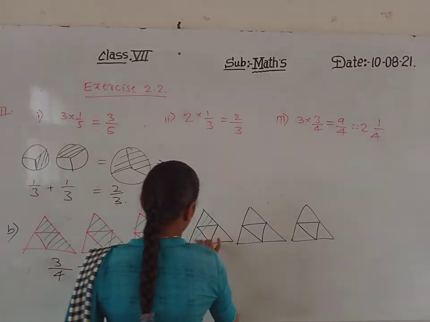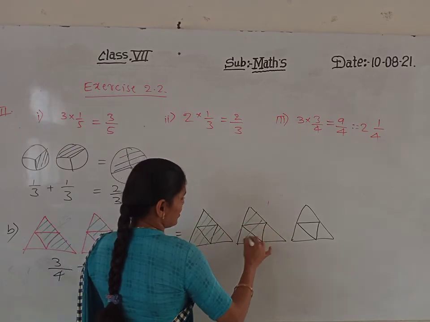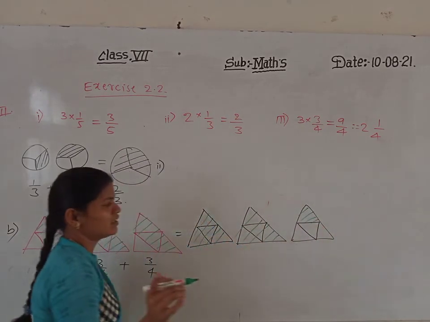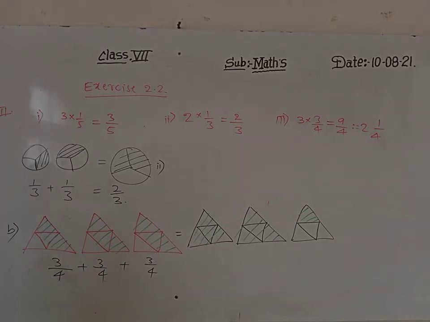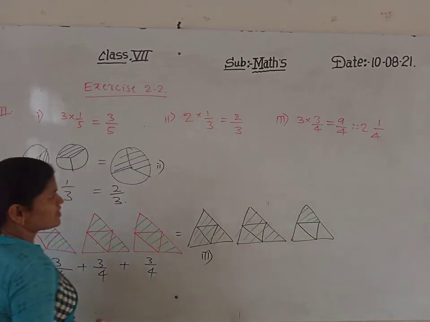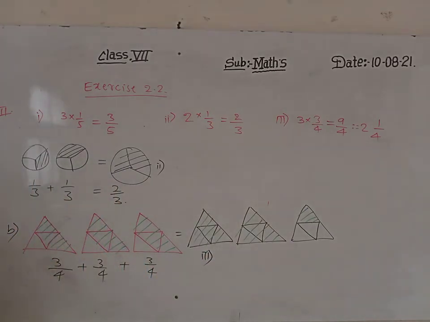So he has given the diagram this way. Is it clear to everyone? So which fraction is matching here? Third one. Same way we will do that. Next one, 3 into 1 by 5, matches the third picture, that is C.